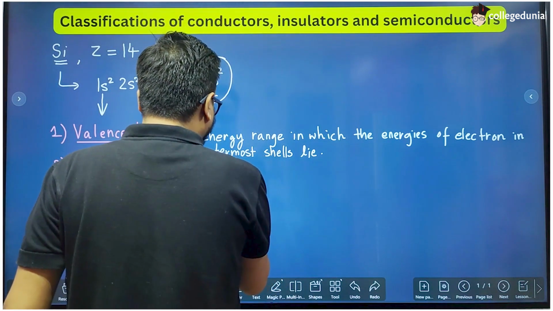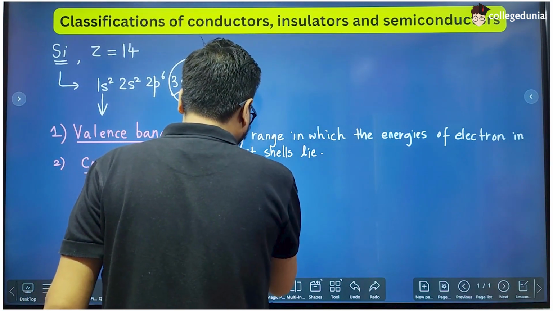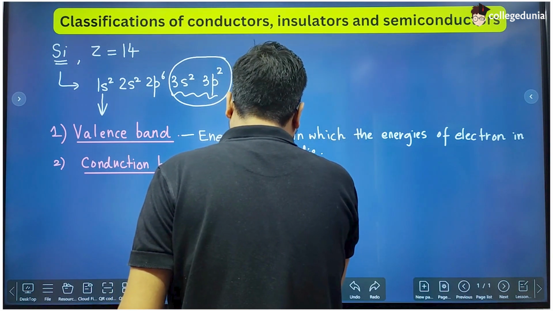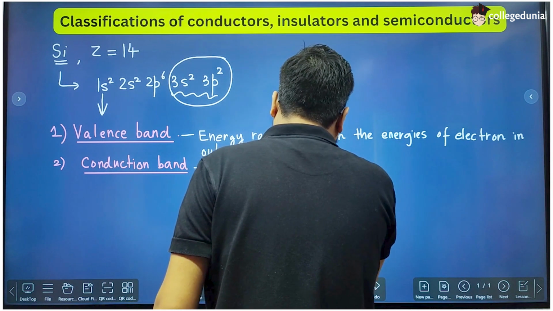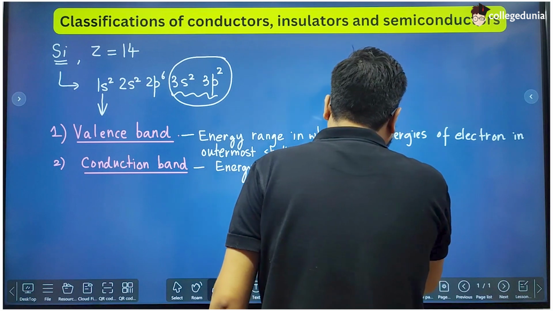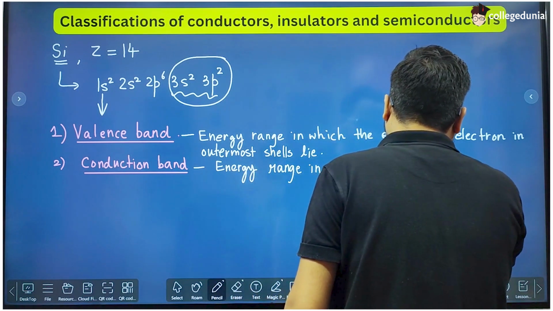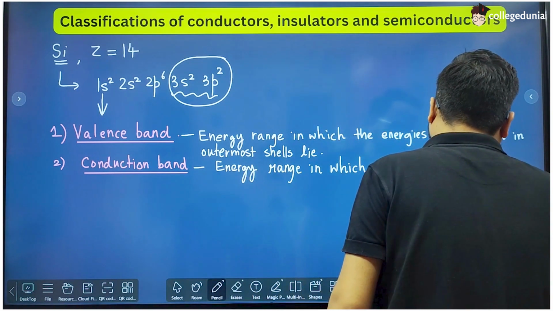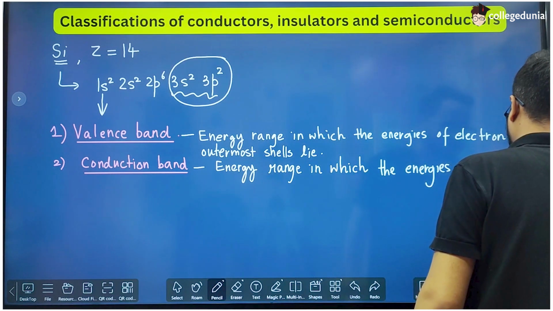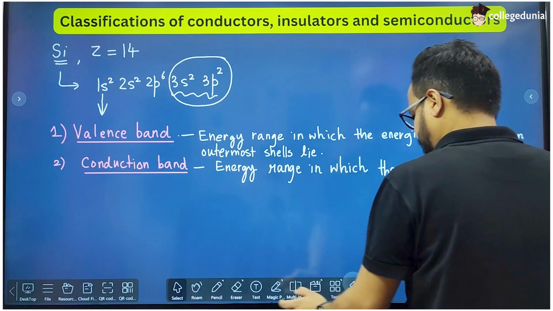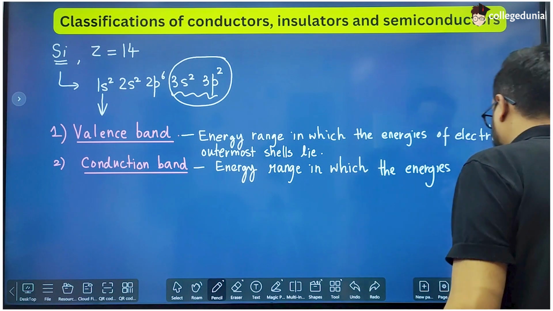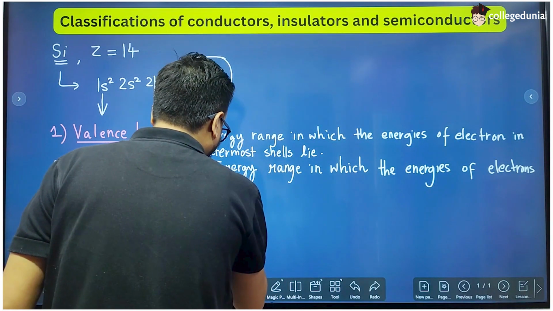So the conduction band is the energy band or energy range in which the energies of electrons lie for conduction.